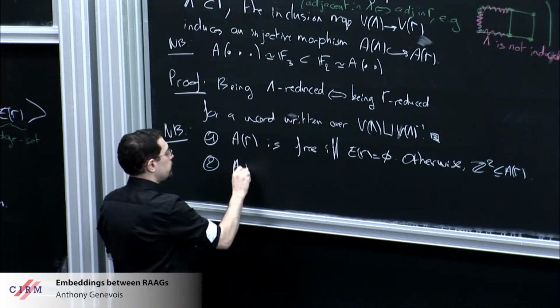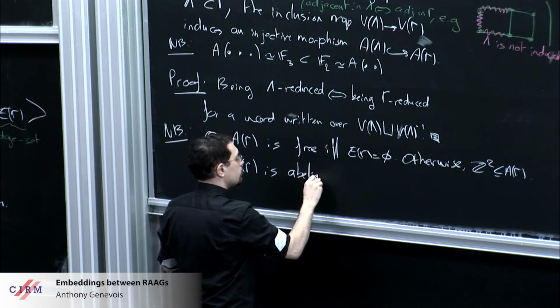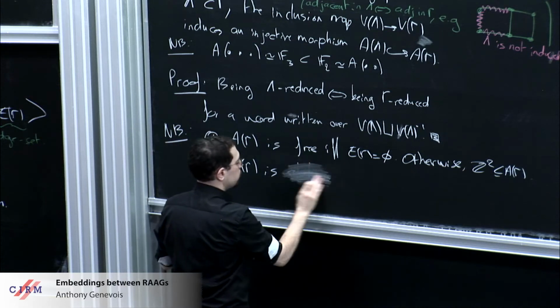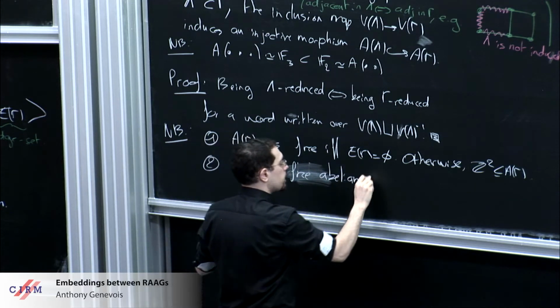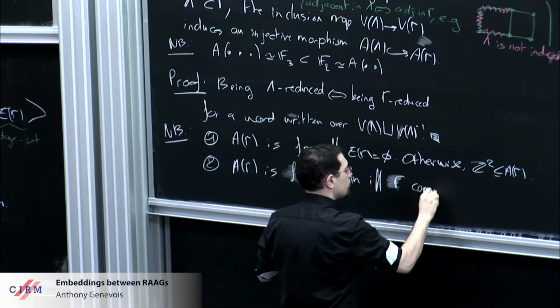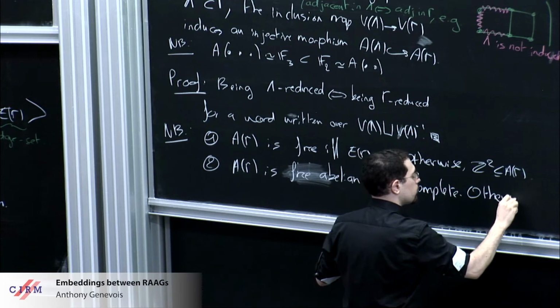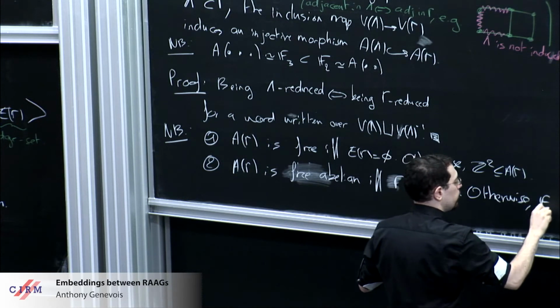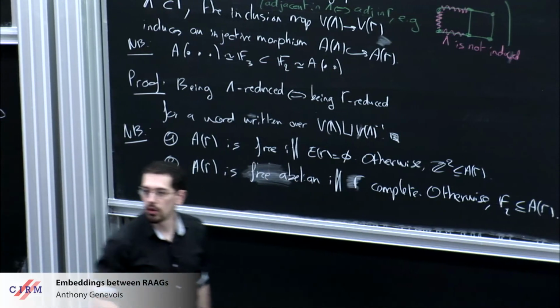And the same thing, that A gamma is abelian, is free abelian, if and only if gamma is complete, and otherwise you contain a non-abelian free subgroup.